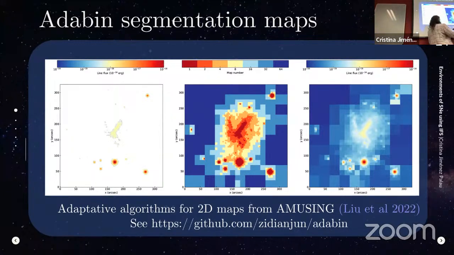And it keeps summing until you get the desired threshold. So let's say for my analysis, I need a signal to noise of 10. So let's get the whole map with this signal to noise so we can get reliable data. This is a bit better than the older one because you can keep the structure of the galaxy, which is not quite obvious in the previous algorithm.